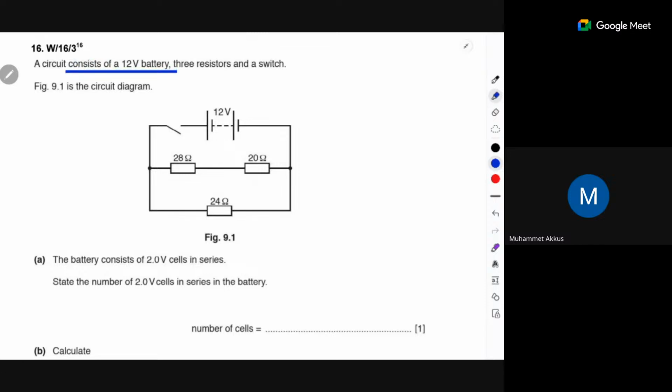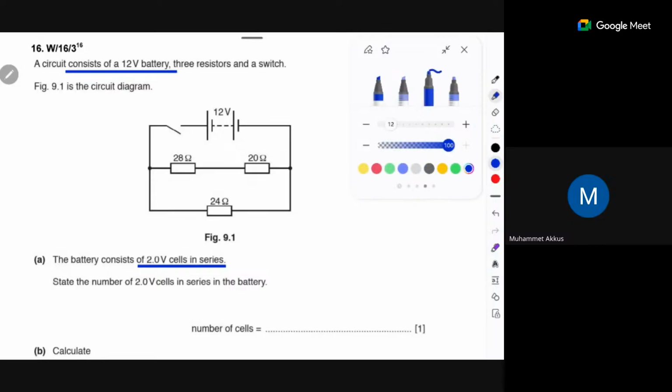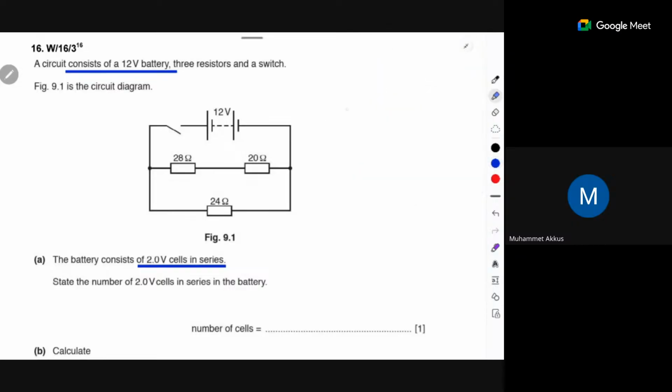How much volt is the battery? 12 volt. The resistor and the switch. The circuit diagram is shown to you. The battery consists of 2-volt cells in series. How many cells are in series? 2-volt cells: 1, 2, 3, 4, 5, 6, and so on.